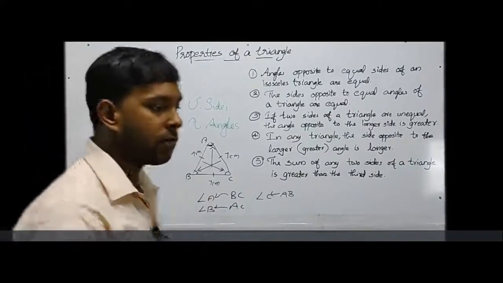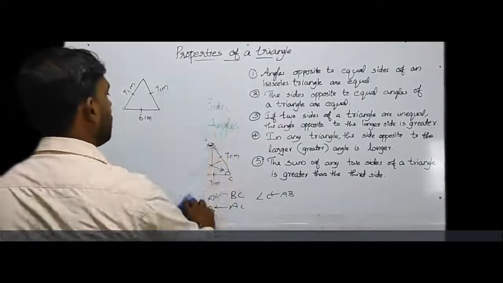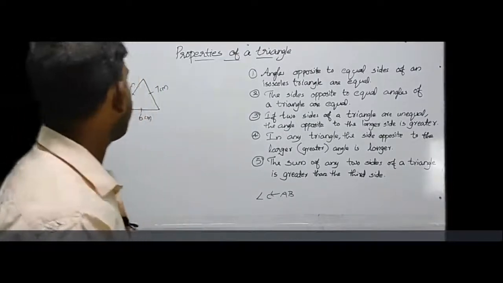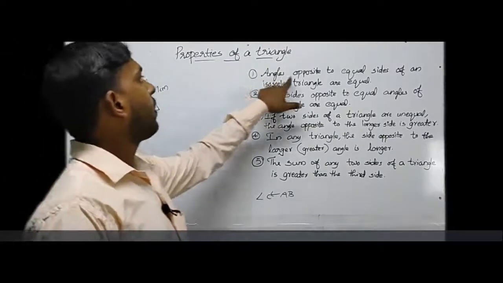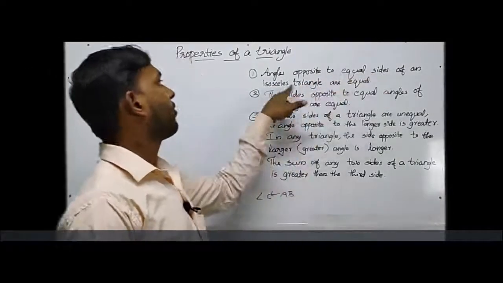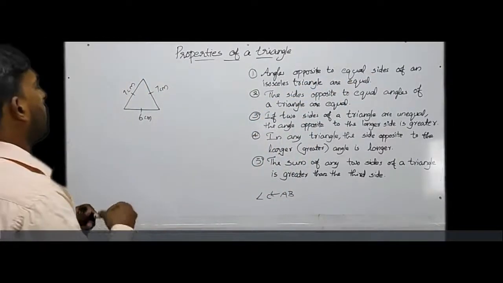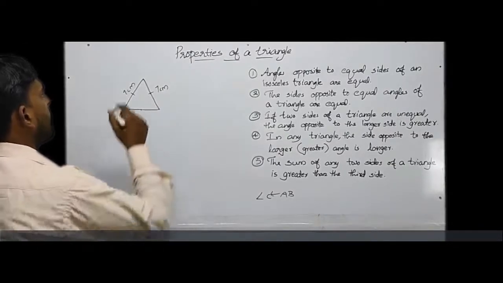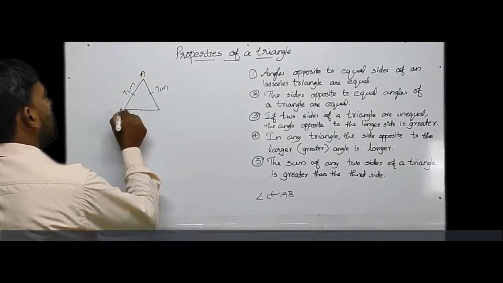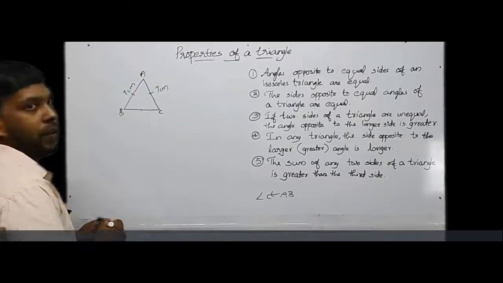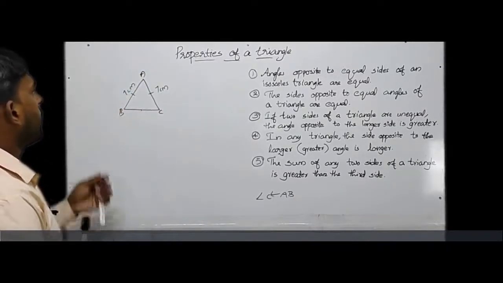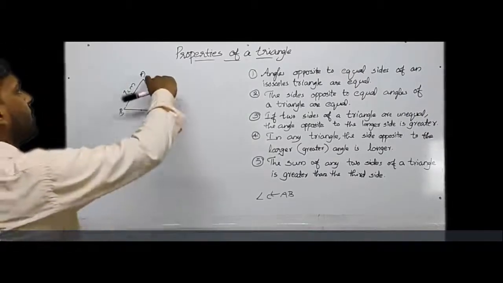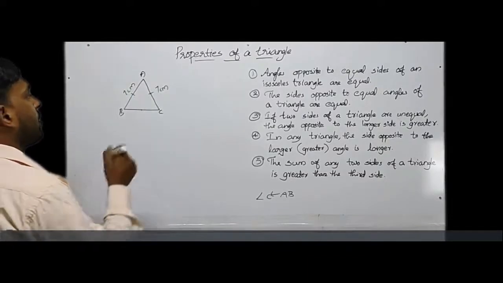Having kept this idea in mind, let's try to understand further what the property says. Angles opposite to equal sides of an isosceles triangle are equal. Here, let's say these two sides are given. In the triangle ABC, side AB is 7 centimeter and side AC is 7 centimeter, as we had written.